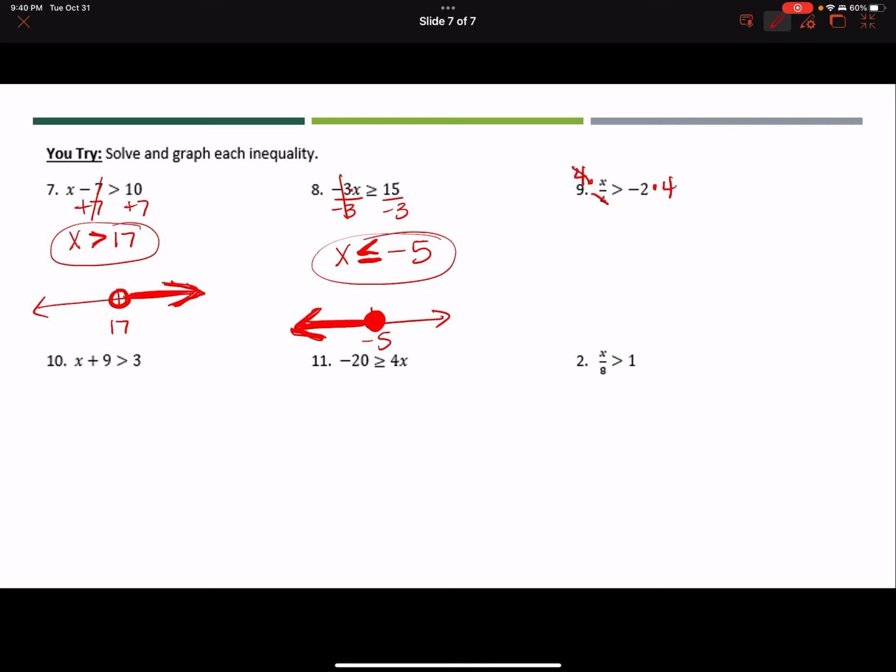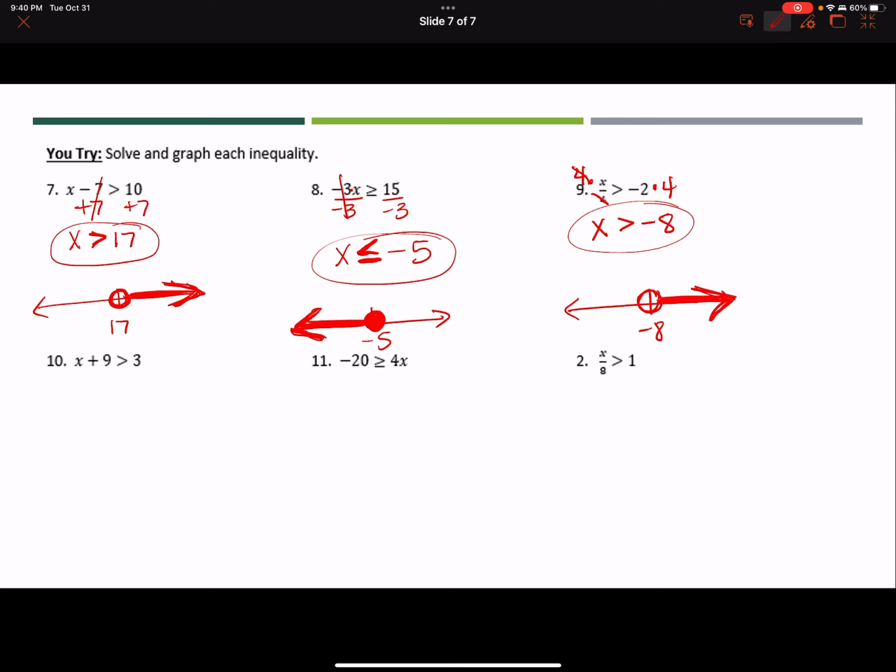That's positive. So I'm not flipping the sign. So it's just x is greater than -2 times 4 is -8. So the variable's on the left, that's good. -8. We have an open circle, and x is greater than -8 shades this direction.